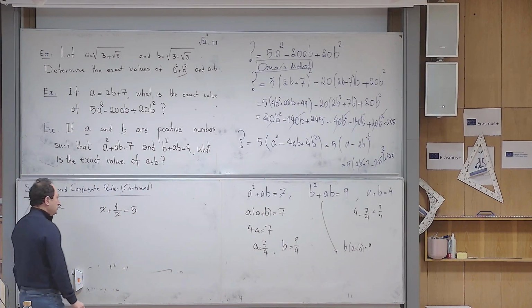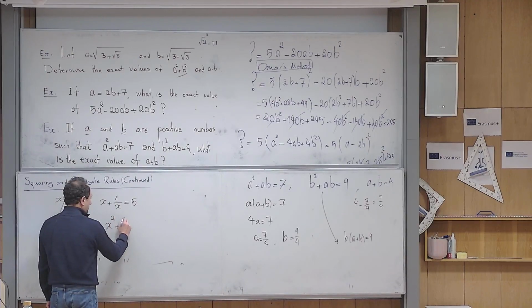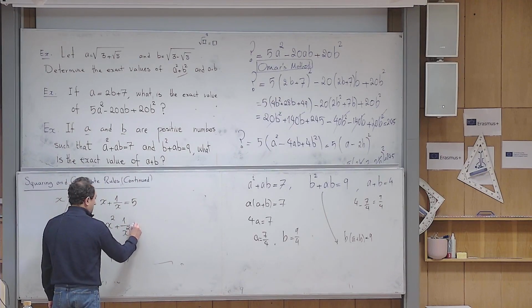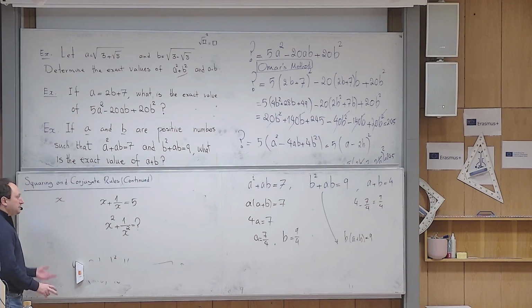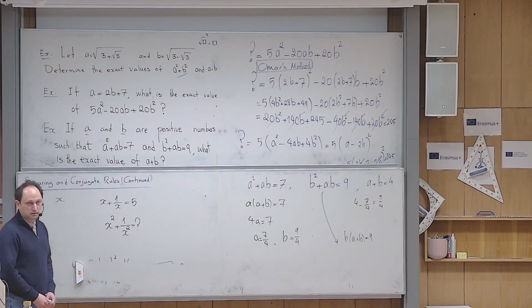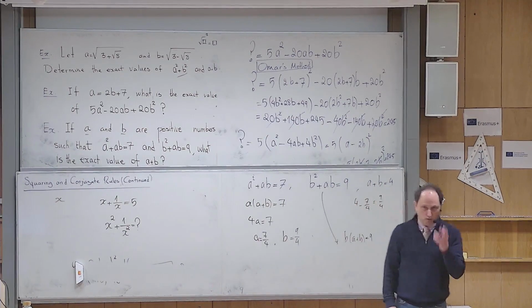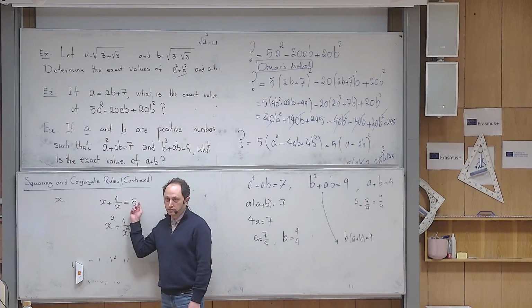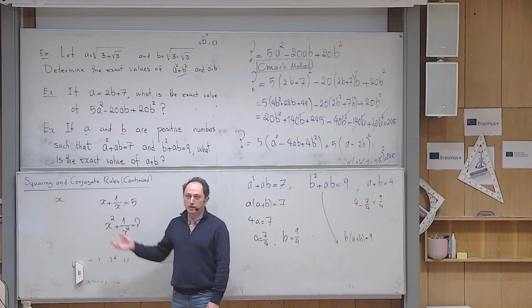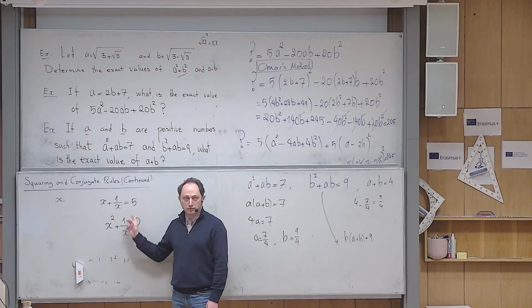My question for you is, what is x to the power of 2 plus 1 over x to the power of 2? No, I'm kidding. It is just A plus again. That's the question. X is a number. I don't know what x is, but I know x plus 1 over x is 5. And my question is that if x plus 1 over x is 5, then x to the power of 2 plus 1 over x to the power of 2 is what?